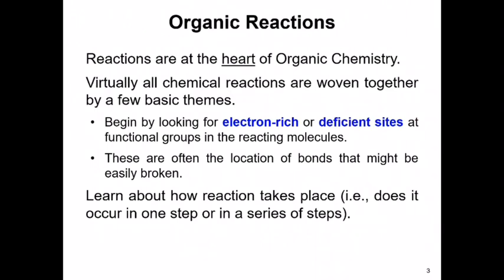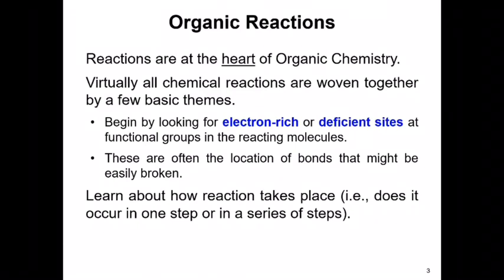We also search for electron-deficient sites. So for example, carbons and hydrogens that are bonded to these heteroatoms are considered electron-deficient sites. We also try to locate double bonds and triple bonds, because they contain pi bonds that can also participate in a lot of chemical reactions.